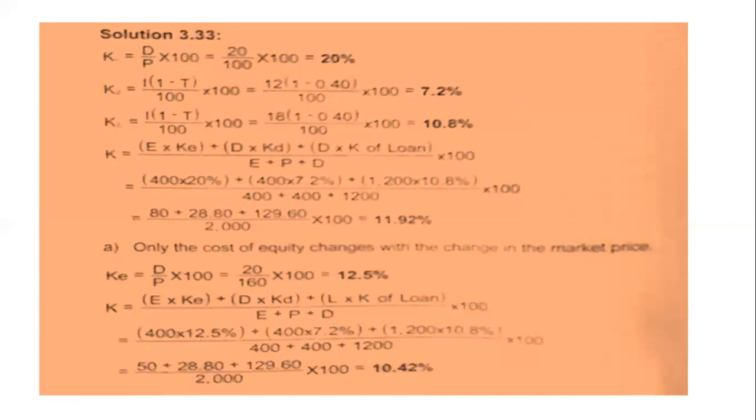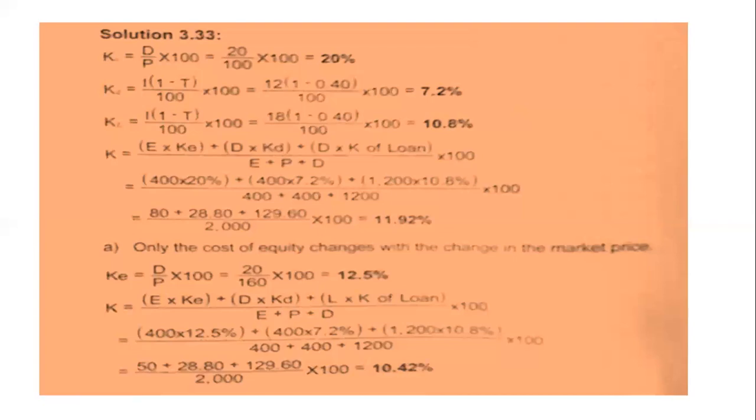Now here in the case of circumstance B, what they are telling us is that the price of equity moved to rupees 160, that means here the P value will change, from 100 to 160. The D value remains the same.